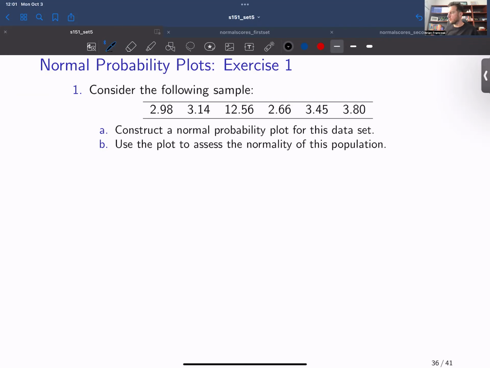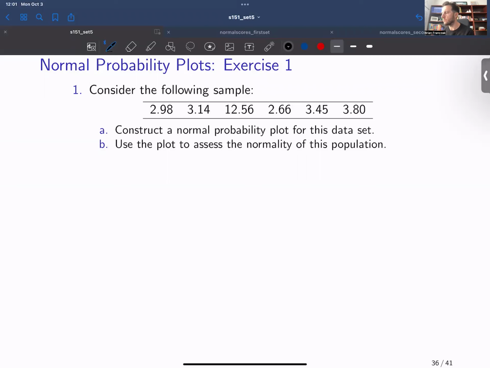In this video, we are going to work through the exercise on constructing a normal probability plot, which is in lecture set 5 on slide 36. Constructing a normal probability plot follows from our previous discussions on constructing a scatter plot.